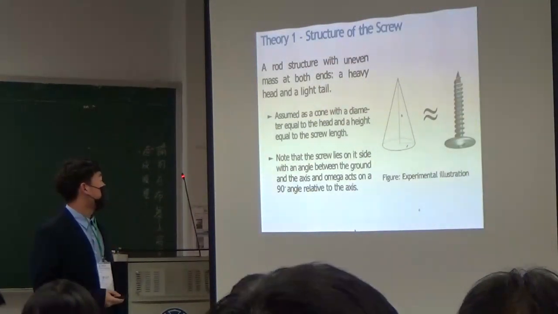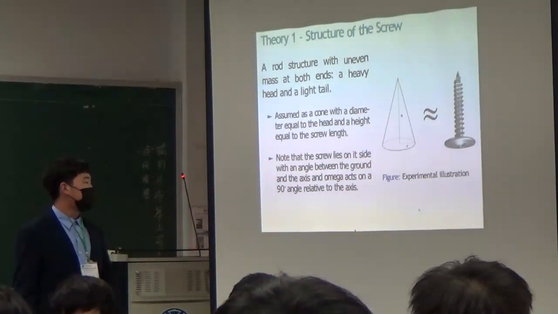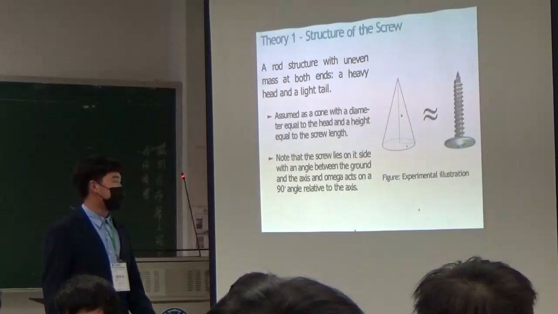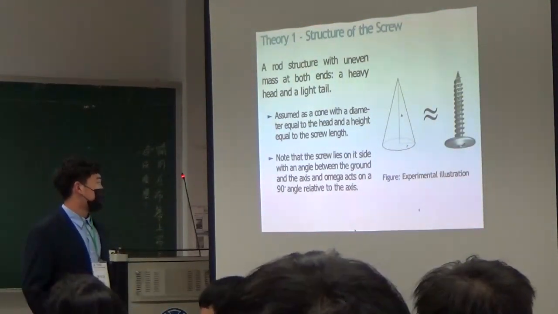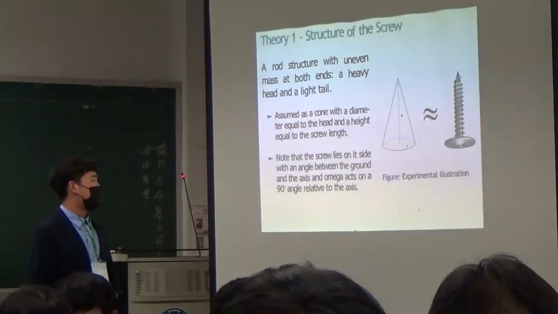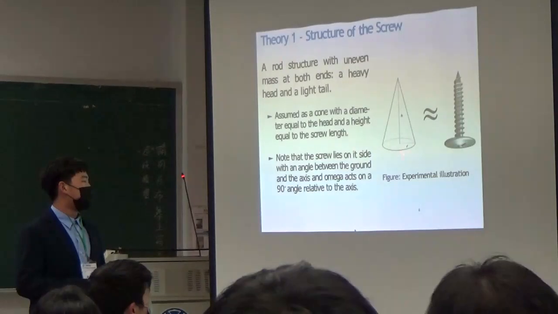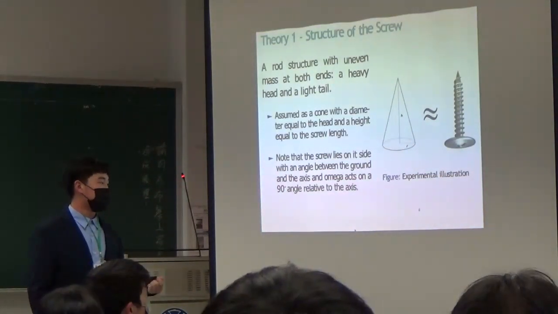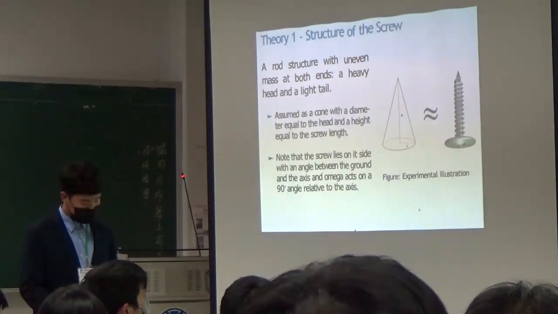Okay, this is our theory. We can think a screw is similar to a cone, and the height is the screw's length, and the R is the size of the screw's head.